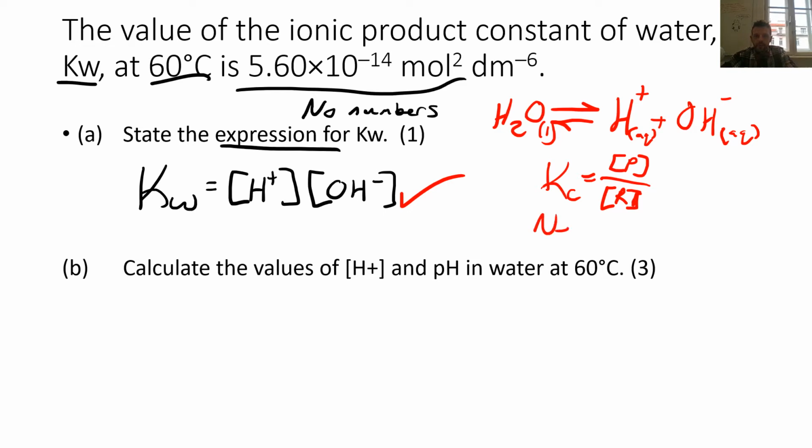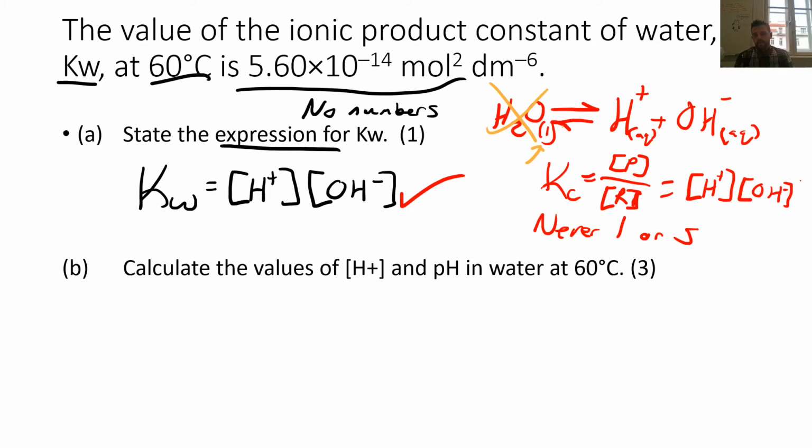And we never use liquids or solids. So if we were doing this for this equation, we would end up with the concentration of H plus times the concentration of OH minus, not including, we would not include water in this because it's a liquid.